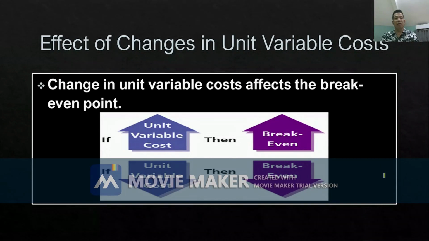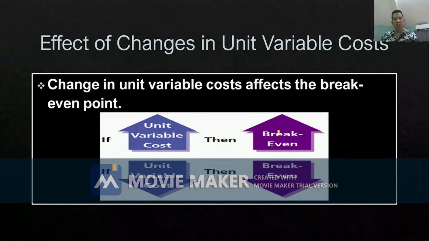So next, we have the effect of changes in unit variable cost. Change in unit variable cost affects the break-even point. So if the variable cost increases, kung tataas yung variable cost, so then ang break-even point niya is tataas din. So it also increases.